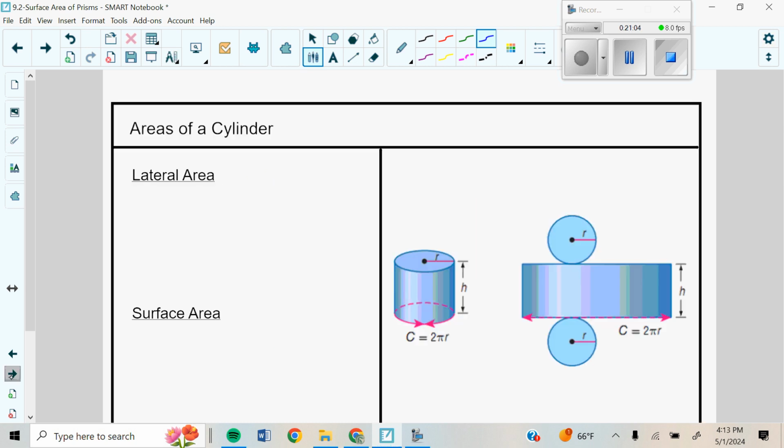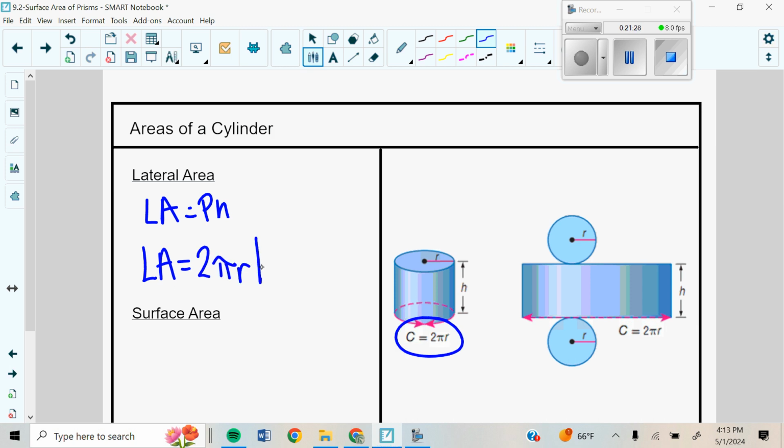All right. So let's go ahead and talk lateral area and surface area for a cylinder. So lateral area is still the perimeter times the height, but we can be specific with a cylinder because the perimeter, the distance all the way around the base, which is a circle, is the circumference. So we're actually going to say 2 times pi times r times my height.